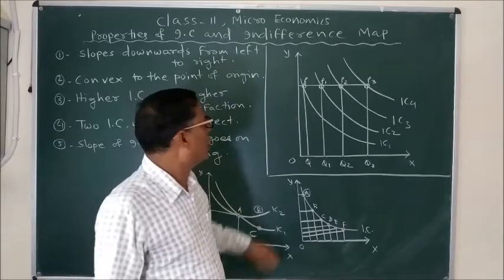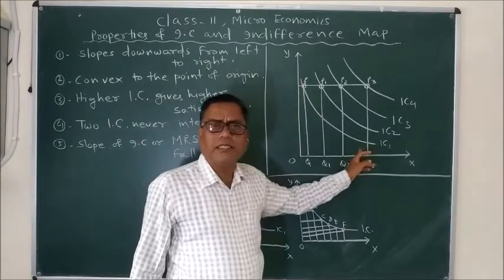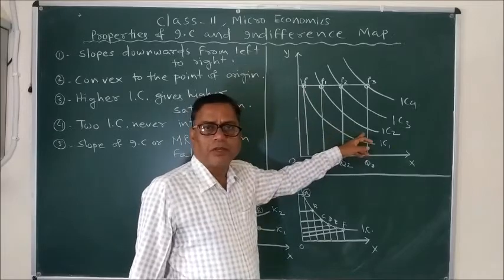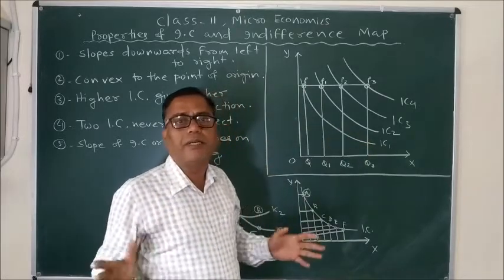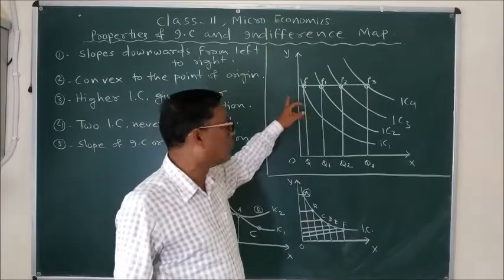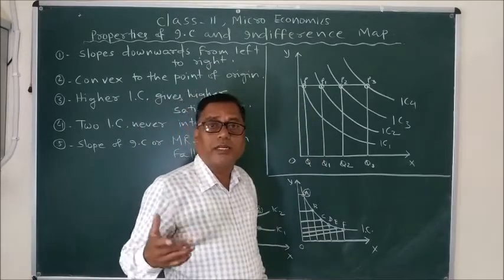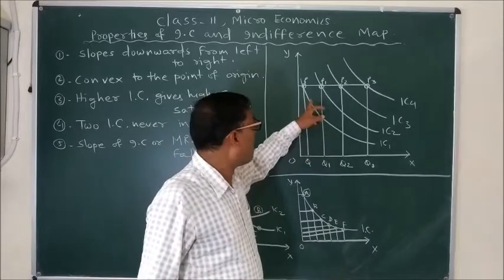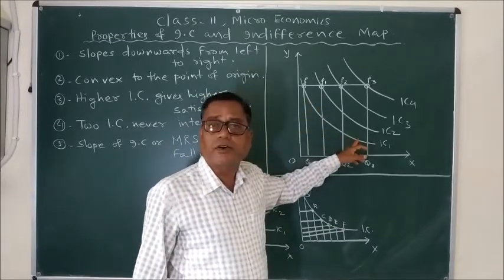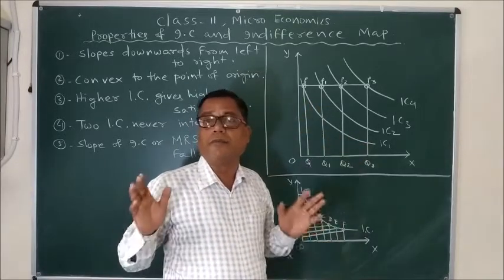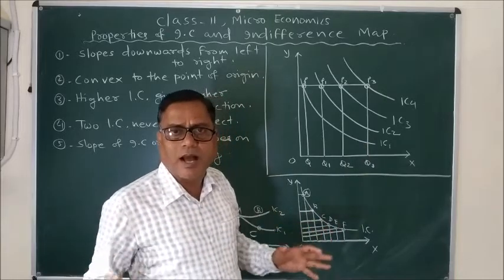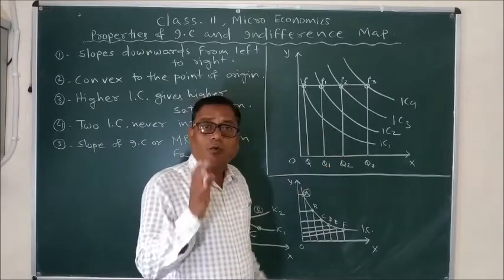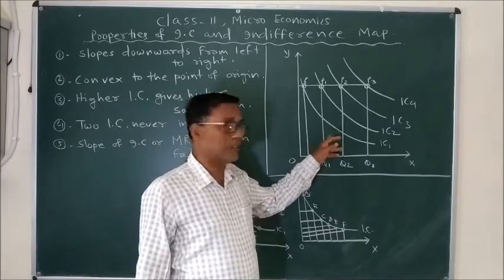So you know an indifference curve is nothing but the locus of different points which represent different combinations of two goods x and y, and more importantly, all the combinations that fall on a particular indifference curve give equal satisfaction to our consumer.